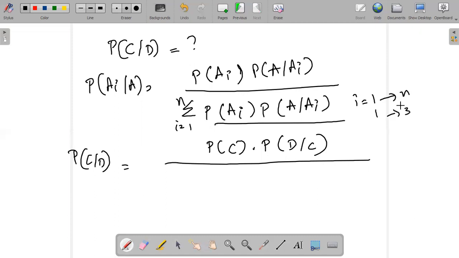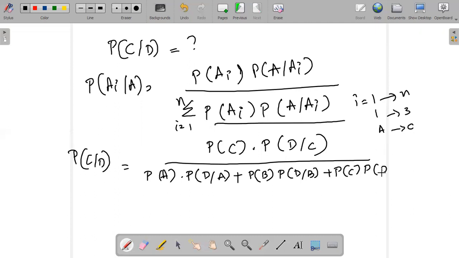Here, 1 to 3, which is nothing but A to C. So this will be P of A, P of D given A, plus P of B, P of D given B, plus P of C, P of D given C. We have only 3 machines, so if n number of machines are there, we can extend it. After substituting all the values, you get 0.16.